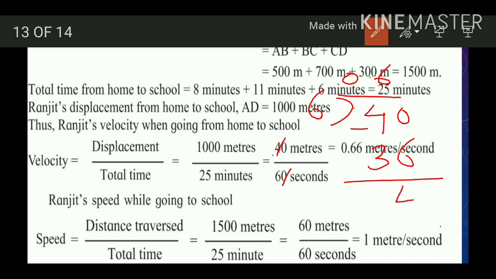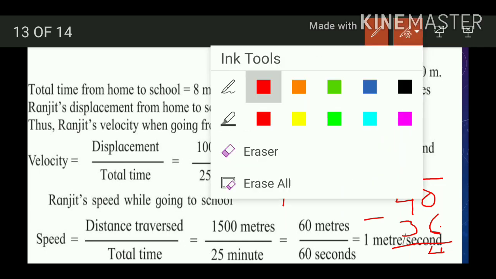What did we get? 4. Again 4. Okay. Now, 6 6s are 36. Okay. Till 2 decimal points need to be found out. So, 0.66 meters in 1 second. Okay. You got the answer? 0.66 meters in 1 second. This is the velocity. Let's be clear.